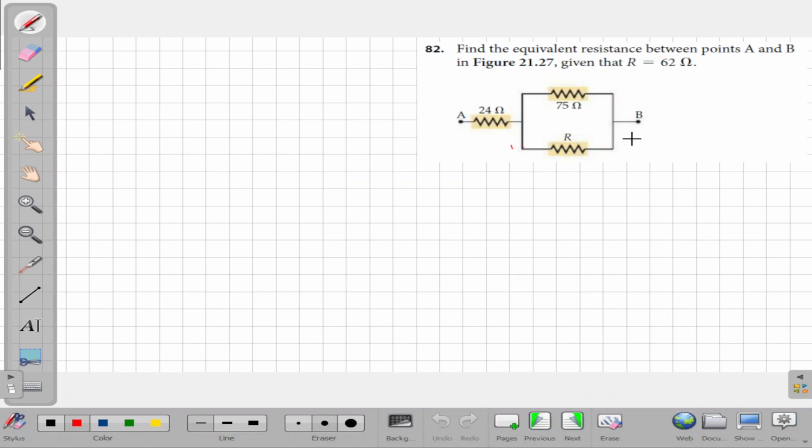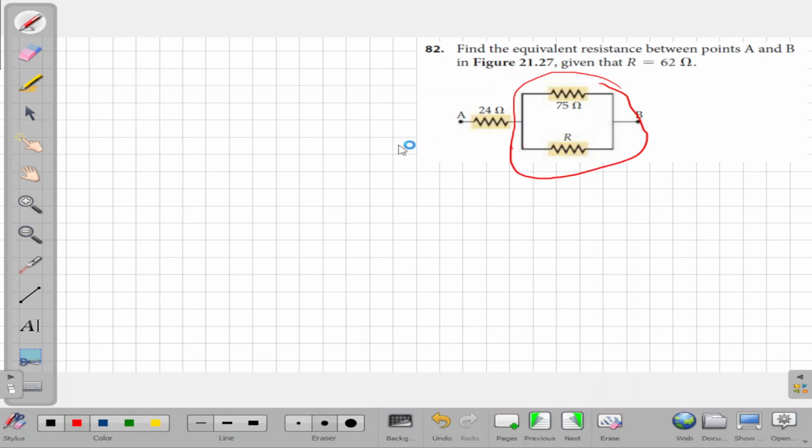A complex electric circuit consists of three resistors. We need to find the equivalent resistance of this grouping, so we need to divide our calculation. First of all, we're going to find the equivalent resistance of this group of resistors. Then we will find the equivalent resistance of the whole electric circuit.